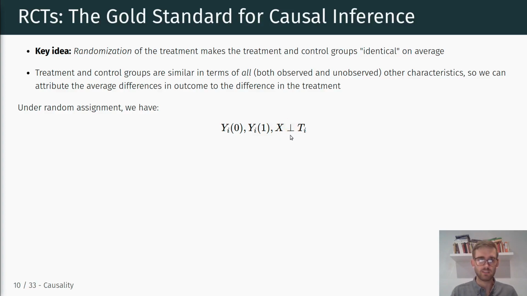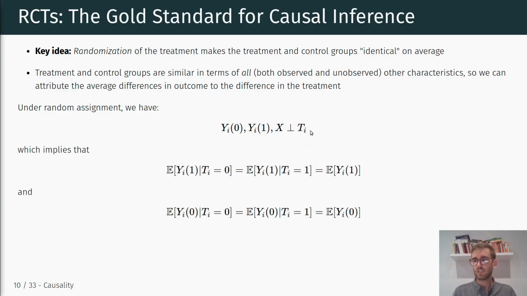This sign denotes statistical independence of the treatment status, Ti. If the potential outcomes, as well as any other observable characteristics, are independent of the treatment status Ti, that has a couple of important implications.